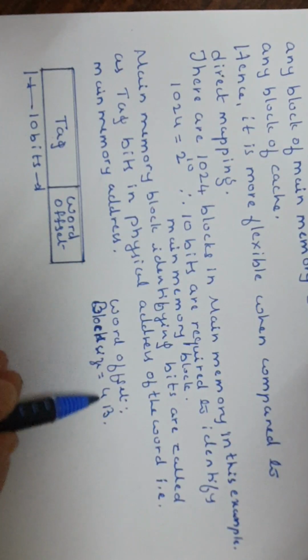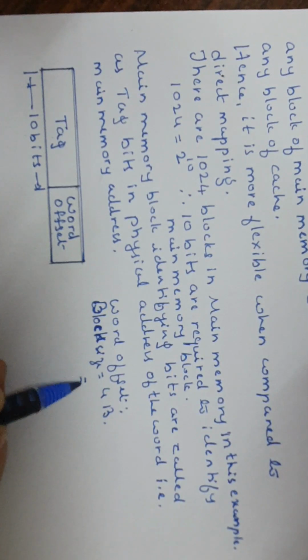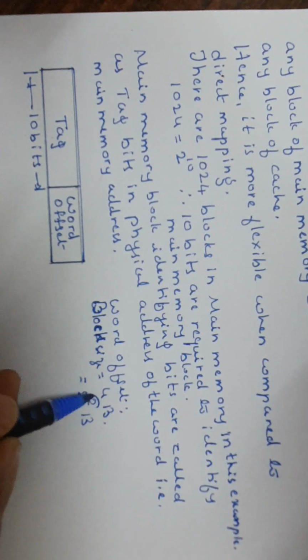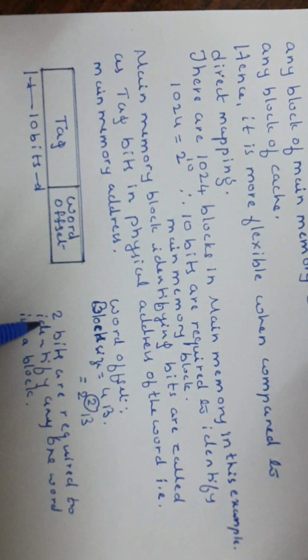So block size is 4 bytes, that is 2 raised to 2 bytes, and this is called the word offset. Hence 2 bits are required to identify any one word in a block, and that is called the word offset. The length of that is 2 bits.